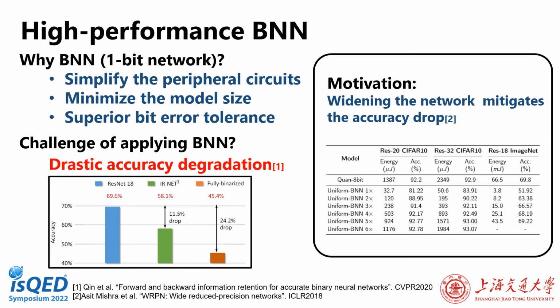It's because BNN can simplify the peripherals, minimize the model size, and enhance the tolerance to stuck-at-fault errors. However, application of BNN is a challenge because of the drastic accuracy degradation. Fortunately, recent study shows widening the network could alleviate the accuracy drop, and thus we are motivated.